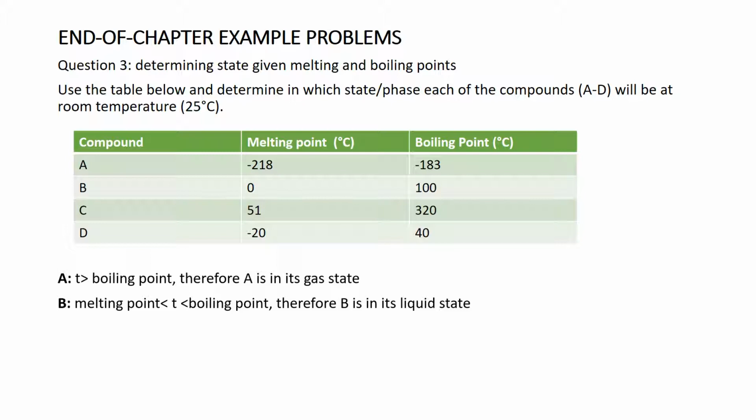And 25 degrees Celsius is lesser than the melting point, which means that C is in its solid state. Then D has a melting point of -20 and a boiling point of 40. Again, 25 degrees Celsius is between these two temperatures. So 25 is greater than -20 but lesser than 40, telling us that D is in its liquid state.